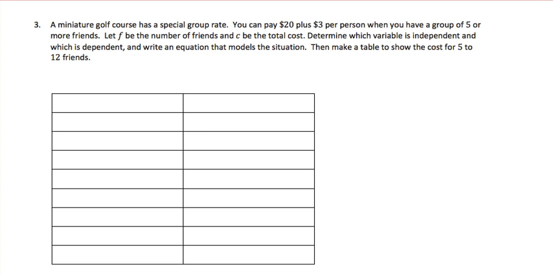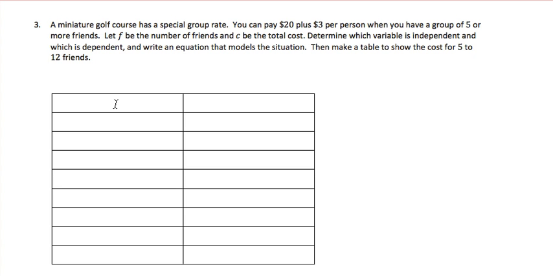So in exercise 3, we're talking about a miniature golf course that has a special group rate. You can pay $20 plus $3 per person when you have a group of 5 or more friends. So we're going to let F be the number of friends and C be the total cost. We need our independent and dependent variables.